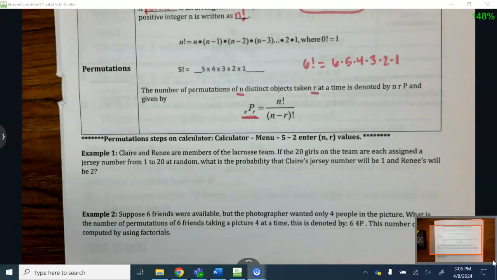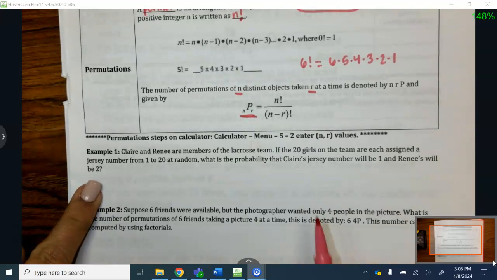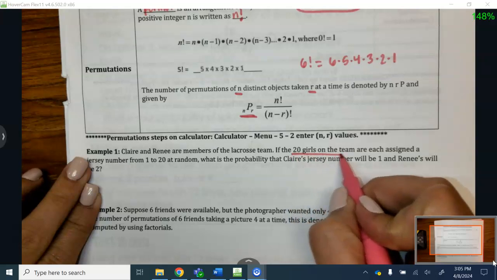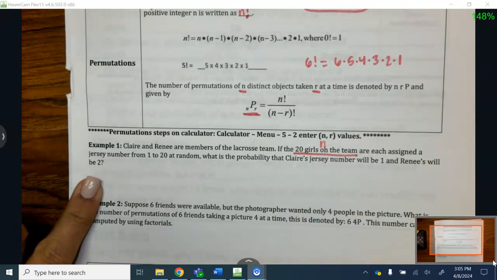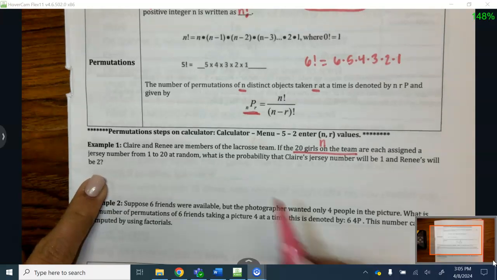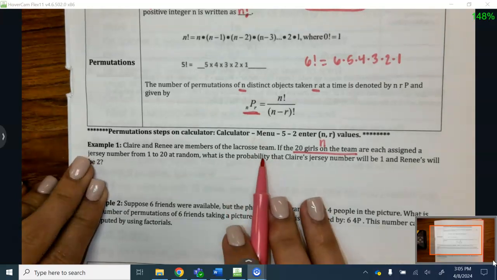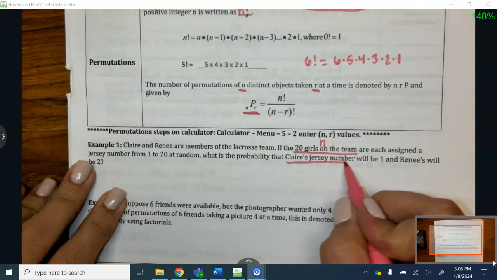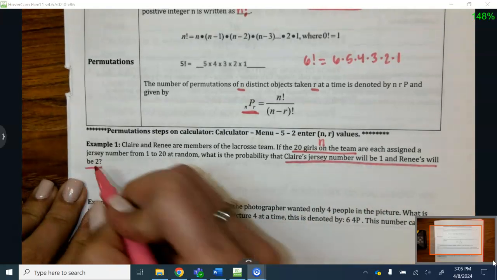Claire and Renee are members of the lacrosse team. If the 20 girls on the team, there's N, are each assigned a jersey number from 1 to 20 at random, what is the probability that Claire's jersey will be 1 and Renee will be 2?